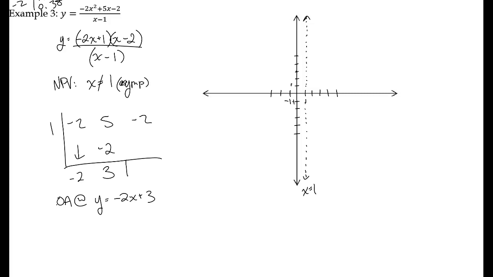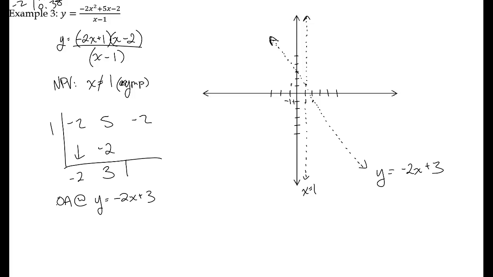Y-intercept at positive 3, and going diagonally downward, the next point would be here, here. So that's going to be my oblique asymptote. Again, on grid would be better. Y equals negative 2x plus 3.